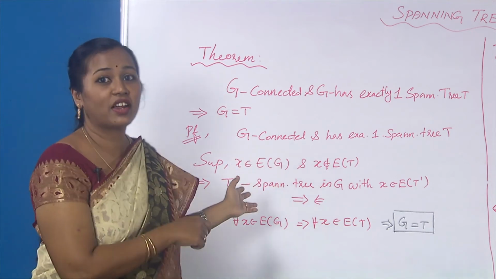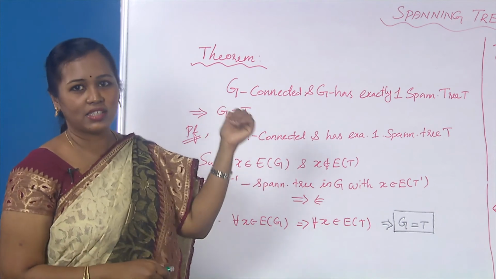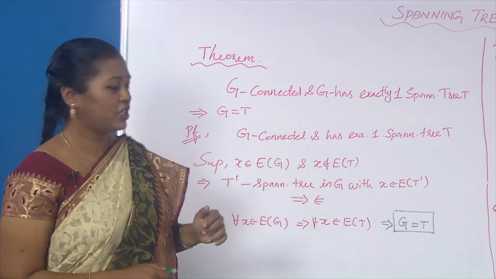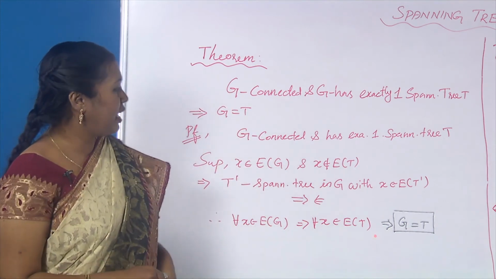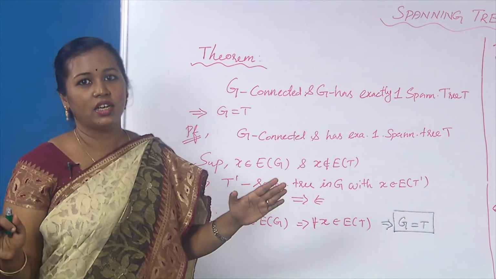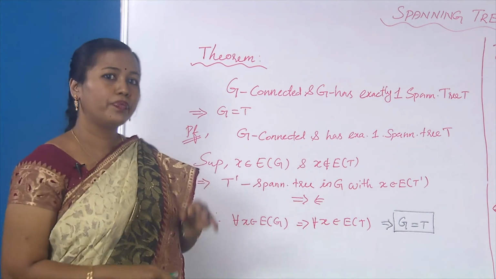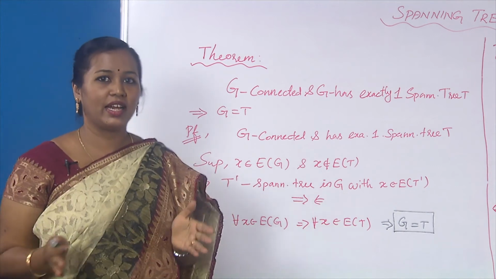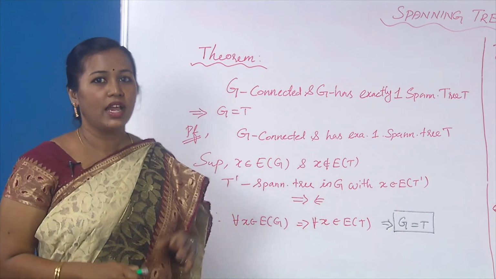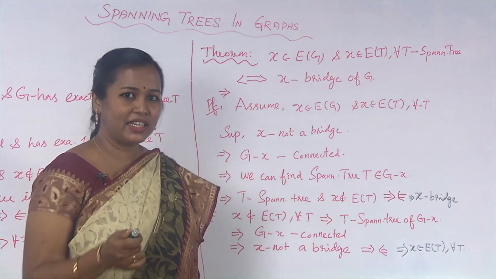Now, I have constructed a new spanning tree and this is a contradiction to our assumption, and therefore, you can say that there is no such edge that exists in G but not in T, and therefore, due to this contradiction we can say that G is equal to T. Hence the theorem. Let us see the next theorem.